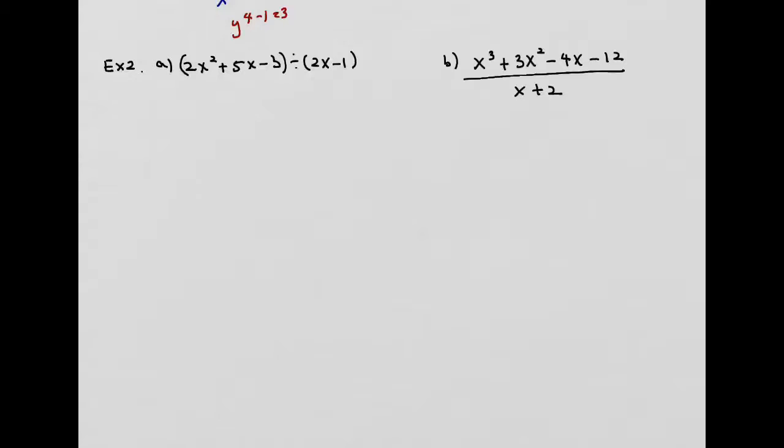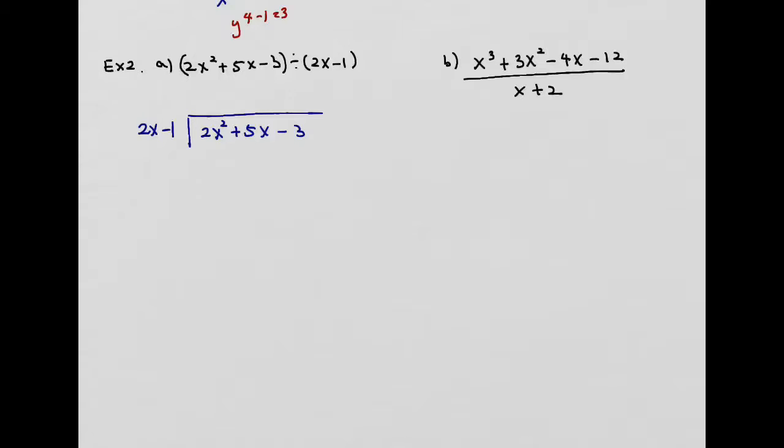So let's look at that. The first one, we have 2x squared plus 5x minus 3, dividing that by 2x minus 1. If I write this down as long division, 2x squared plus 5x minus 3, dividing this with 2x minus 1.